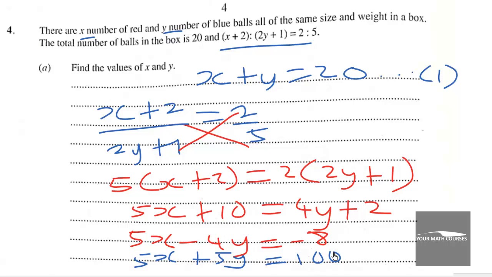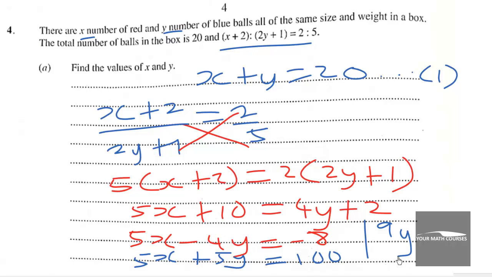So when I subtract the two equations, I'll get 5x minus 5x, and then 5y minus negative 4y will give us 9y.